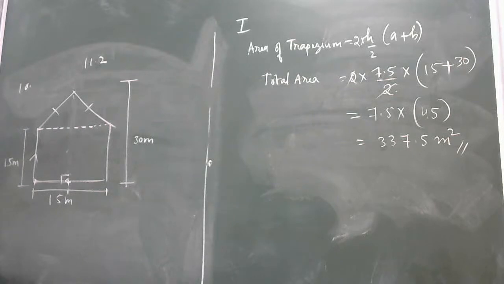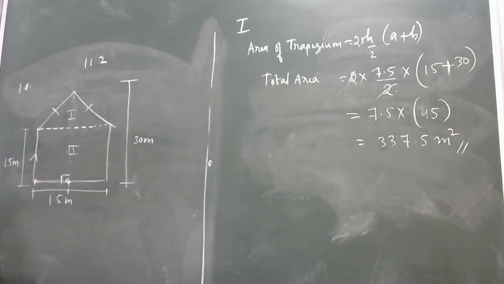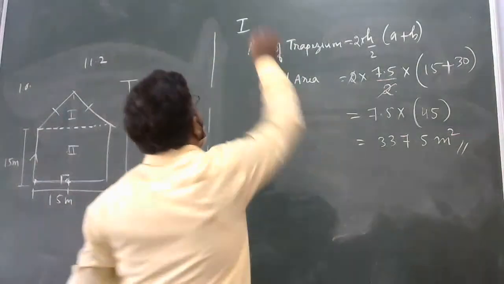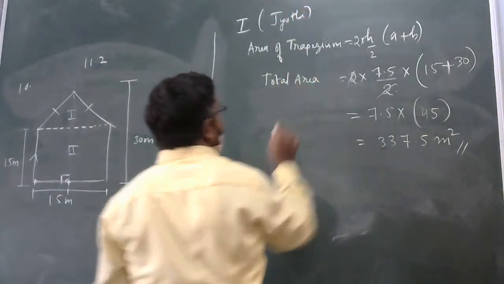So how can you find the area of this shape, Kapil? Name this as part 1 and part 2. What is the shape of this? Square and triangle. So find the area of these two shapes separately and add them. So this is according to Jyoti, and next one is according to Kavita.